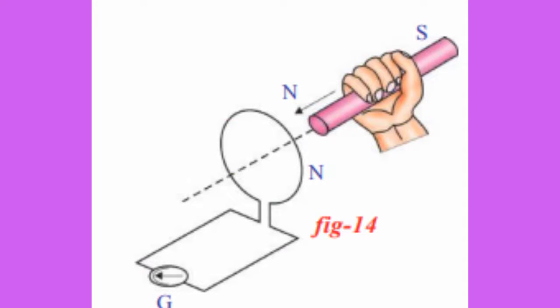My dear children, electromagnetic induction is demonstrated by using one experiment, and in the figure you are observing, one copper coil is there. The ends of this copper coil are connected to G. G means galvanometer.